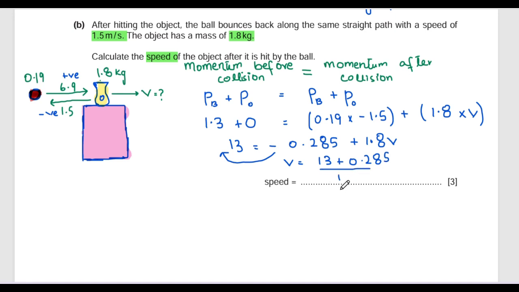And when you put all these things in your calculator, you will get 0.9 meter per second as the velocity of the object after collision.